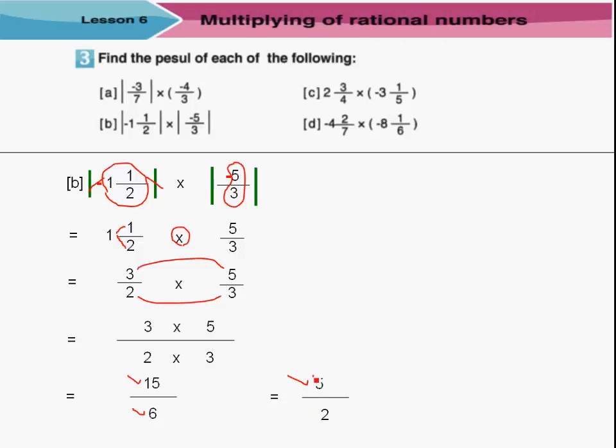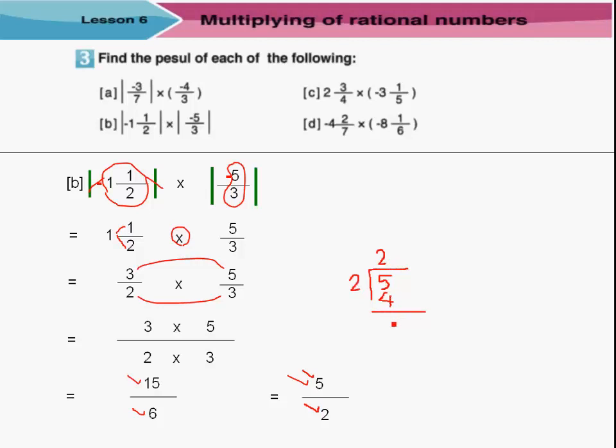Here, the numerator is bigger than the denominator. So use the scientific calculator or use this division. We want to divide 5 by 2 to get the integer value and the remainder. 5 divided by 2 is 2. 2 times 2 is 4.